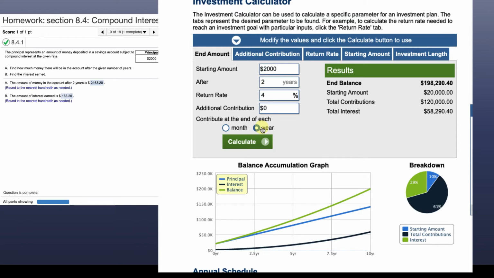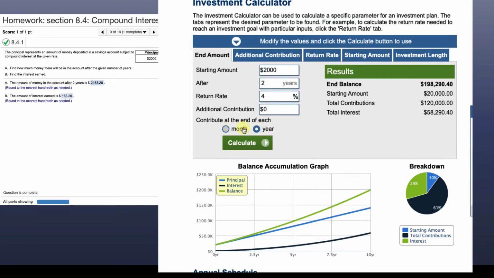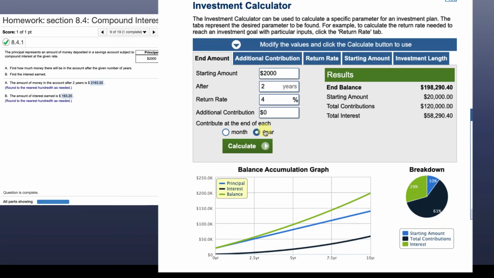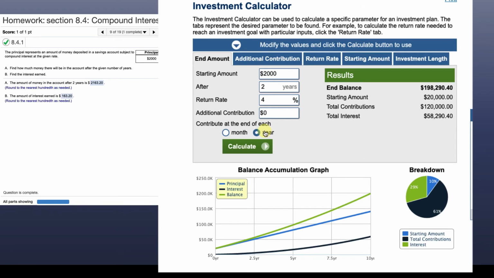So this we're going to select year. So this calculator on this website is a little limited because you can only do month or year. Some of your homework problems do quarterly or semi-annually, right?